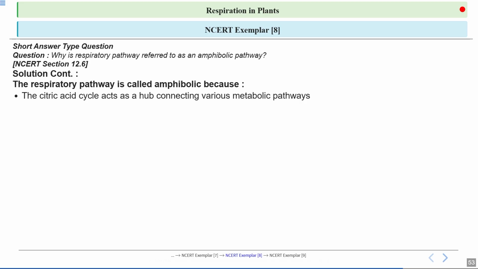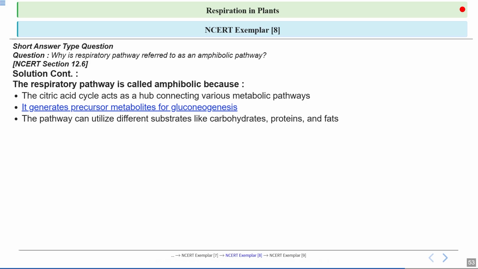Now, the citric acid cycle acts as a hub connecting various metabolic pathways. And it generates precursor metabolites for gluconeogenesis. It means that it provides raw materials needed to make new glucose molecules.